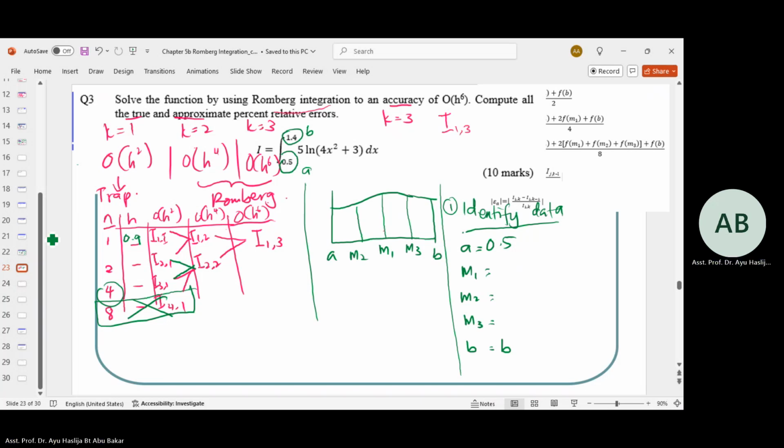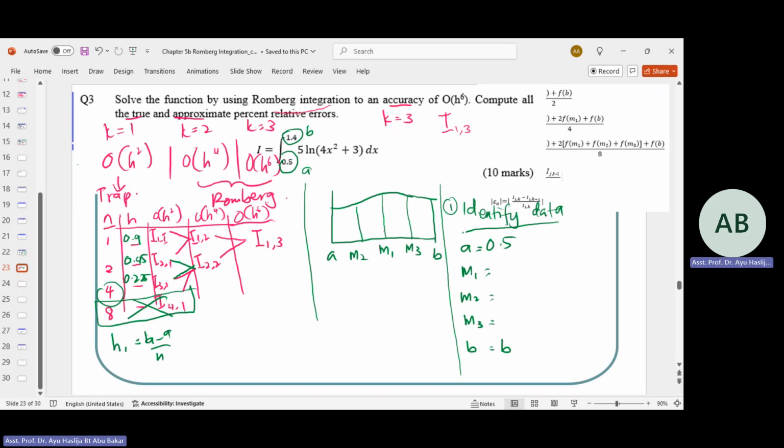Second h is 0.45. Third h is 0.225. Each h is a different value because we have different segments, different n.